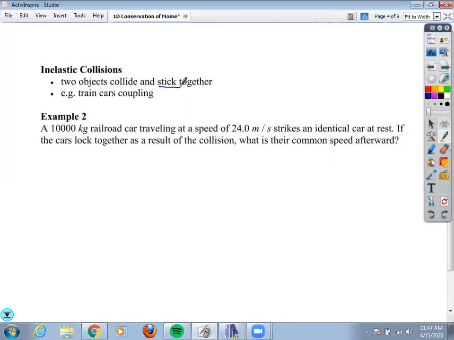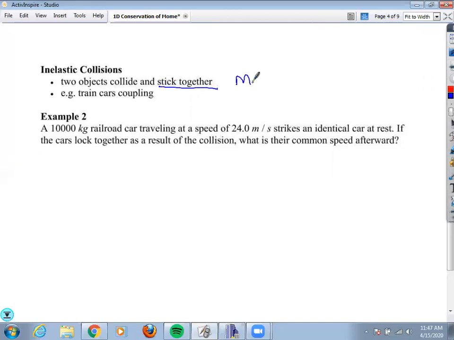So if they stick together, that means M total would equal M1 plus M2 and so on. So that's what we have to deal with in inelastic situations.